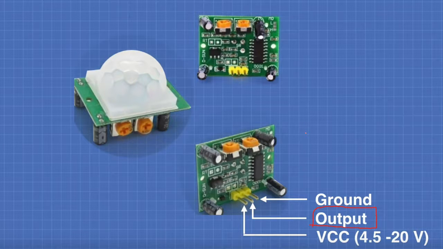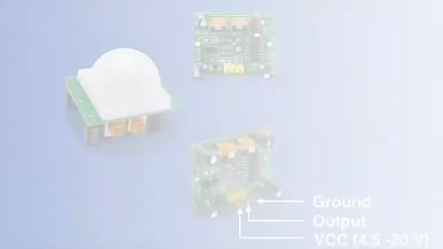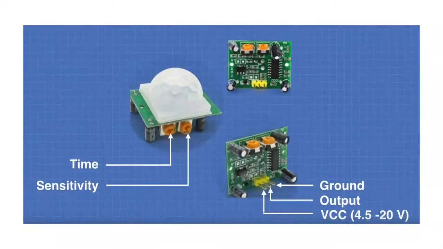Let us continue naming the parts. The other parts that I wanted to show is the potentiometer I was talking about. One is adjusting the time, the other one is adjusting the sensitivity. So how sensitive do you want the movement sensor to be in capturing movement?